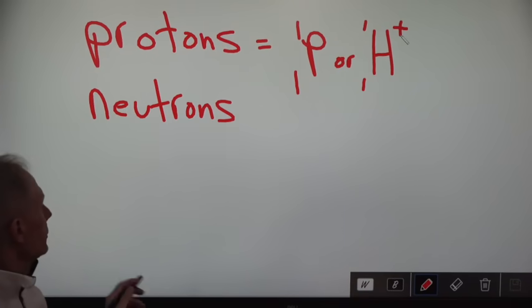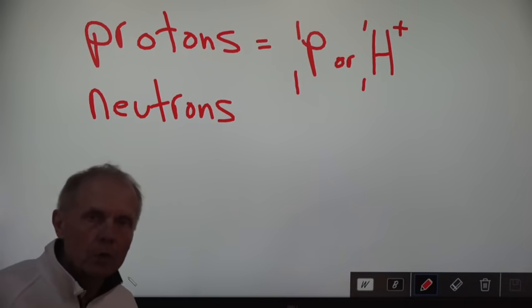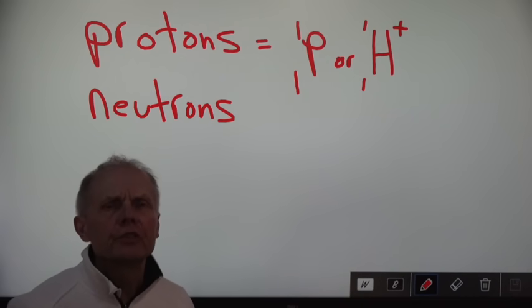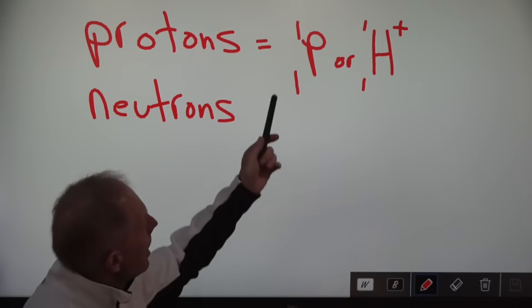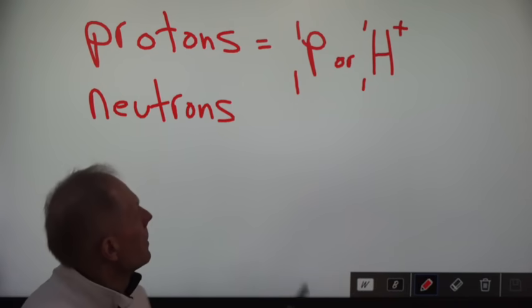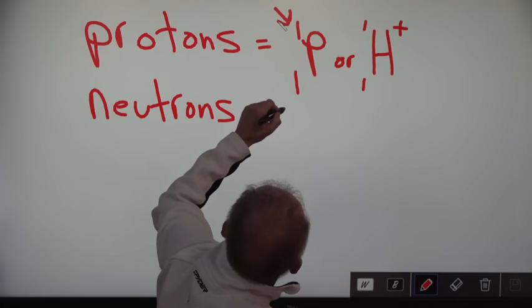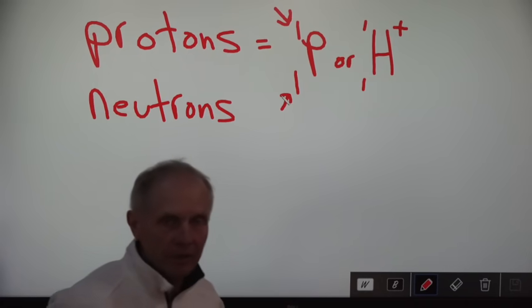Either one of those you can use for a proton. And remember, protons are only found in the nucleus, they have a positive charge. They're found in the atomic mass, and they're also found in the atomic number.